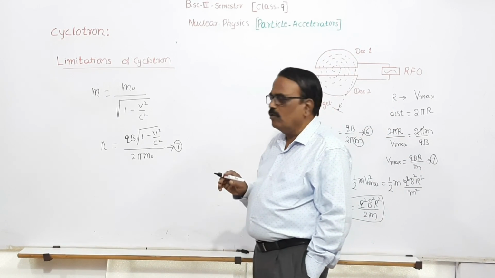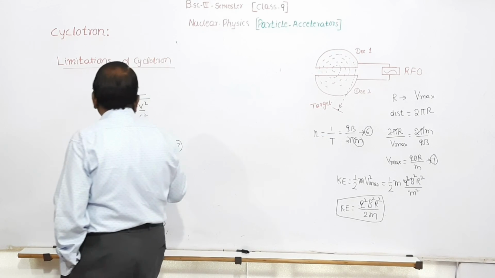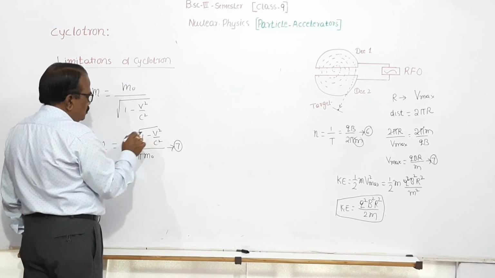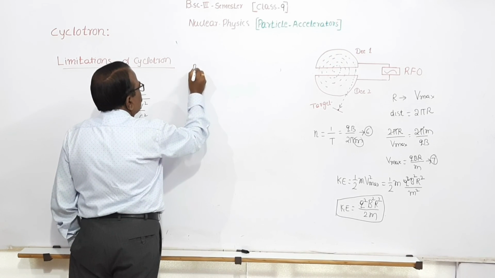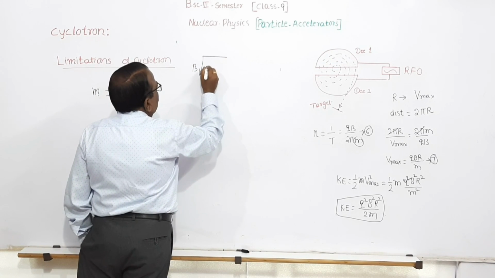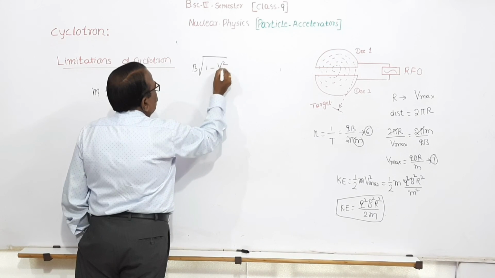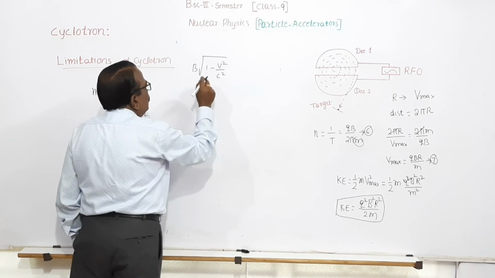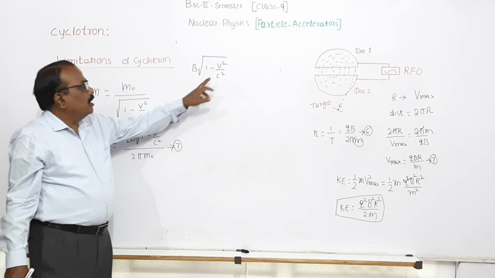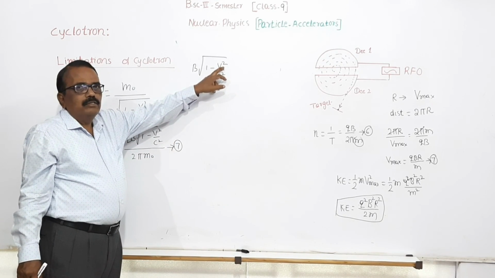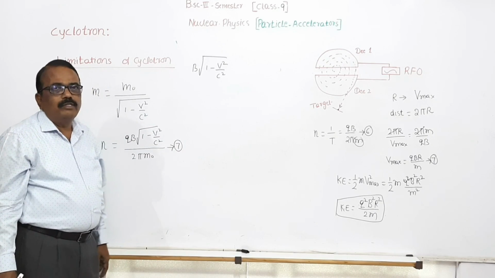Therefore, how to solve this? As v increases, this n decreases, so we have to keep this constant, that is, the factor with 1 minus v square by c square should be kept constant. That means as v increases, the magnetic field should also increase.